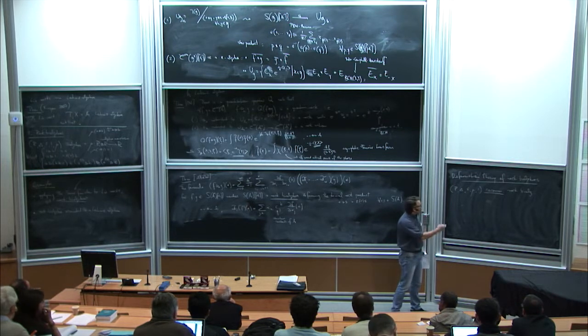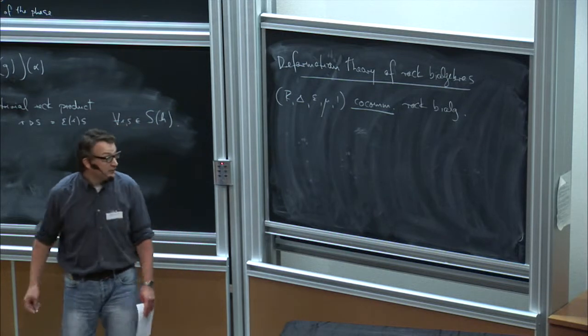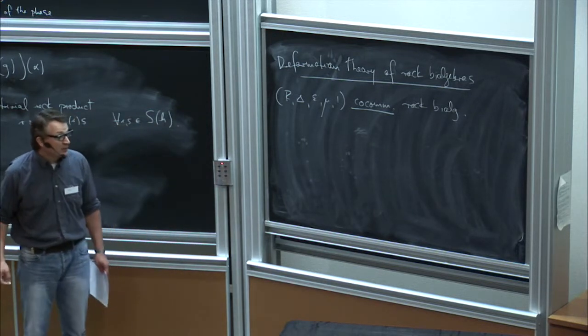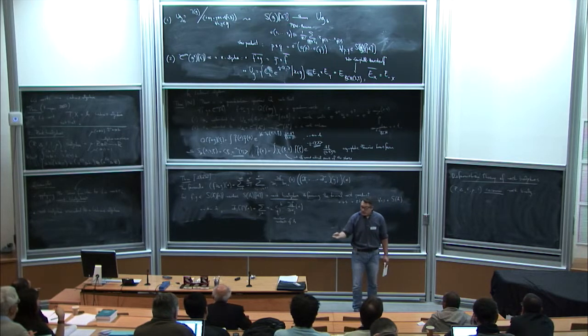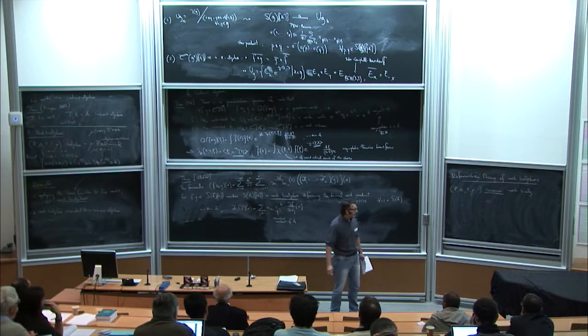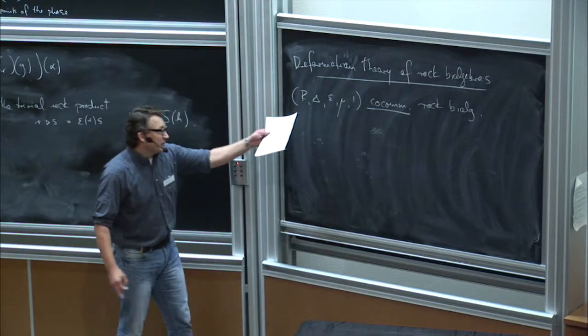They have a cohomology theory for rack bialgebras, but for the moment it works for them only in degrees 1, 2, and 3, while in our framework it works in all degrees. But we have to admit that we are not deforming the co-multiplication, only the multiplication.